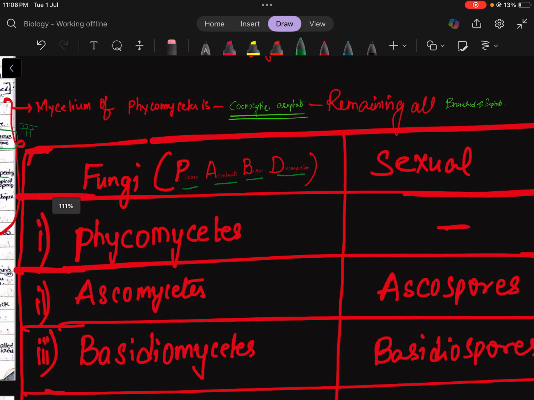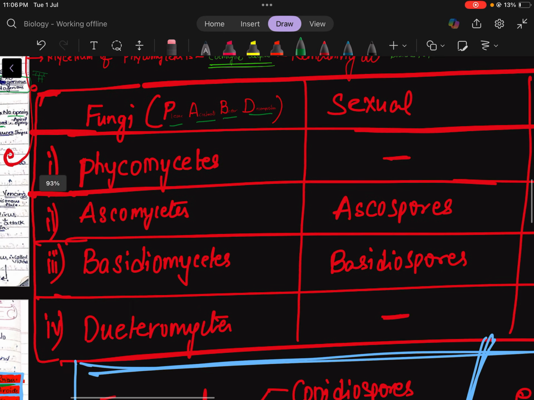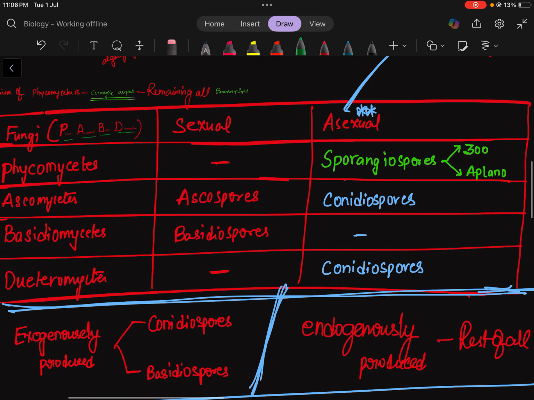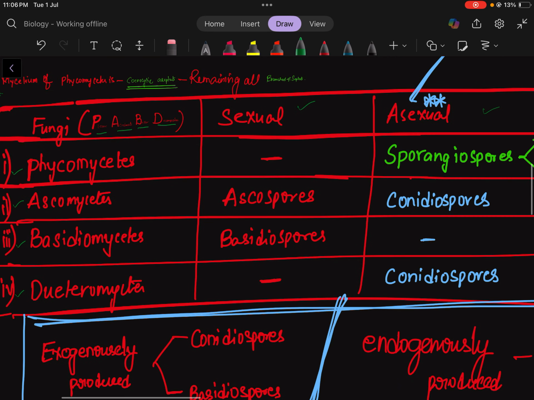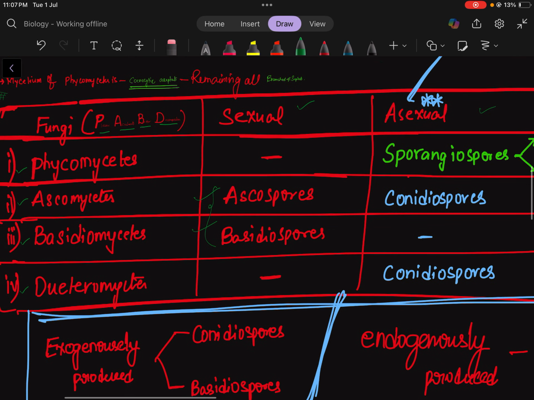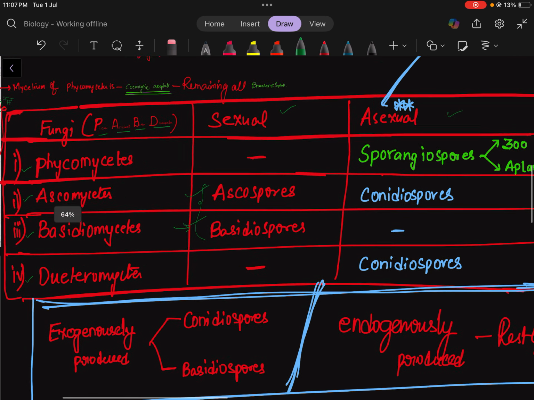Please accelerate better decomposition. Please for Phycomycetes, accelerate for Ascomycetes, better for Basidiomycetes, D for Deuteromycetes. Here you write sexual and asexual. In sexual, Ascomycetes show ascospores. For Basidiomycetes, it's basidiospores.